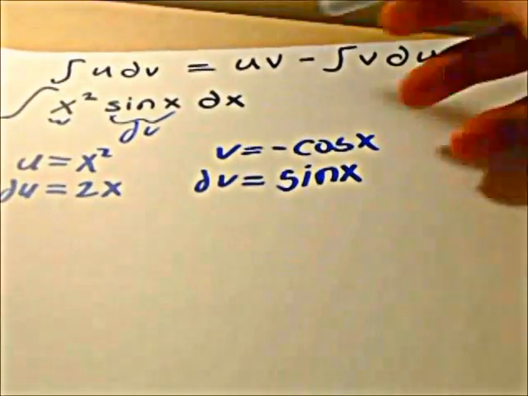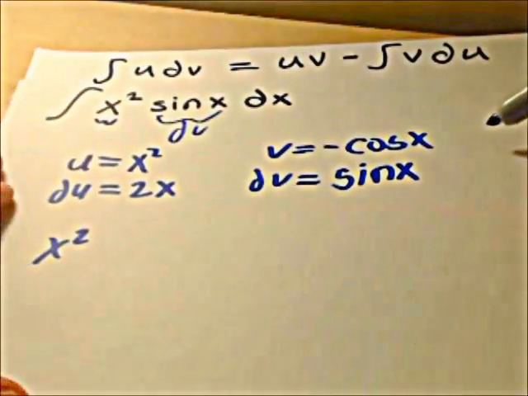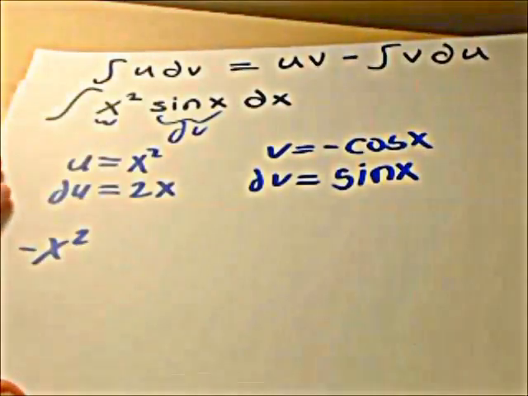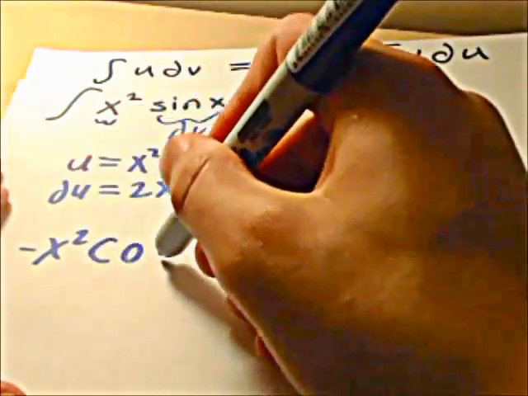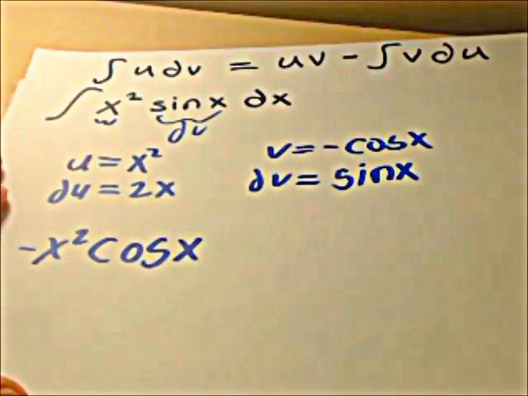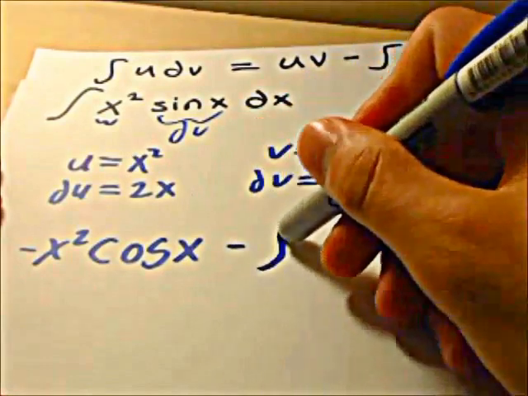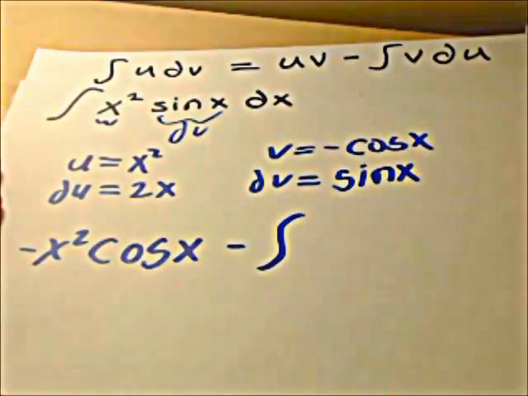We've got uv, so u here is x squared and v is minus cosine x, but I'm going to put the minus next to the x squared. It just looks neater. So minus x squared cosine x, and then minus the integral of v du.